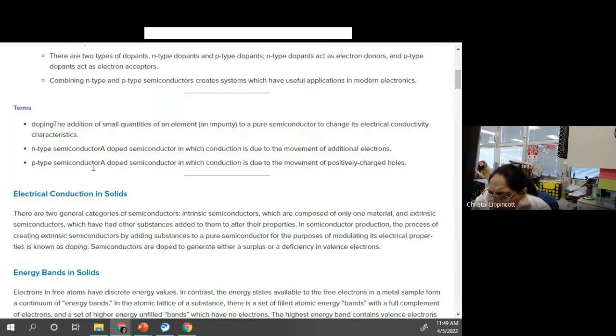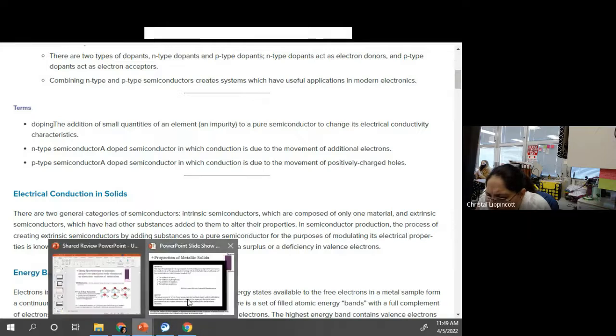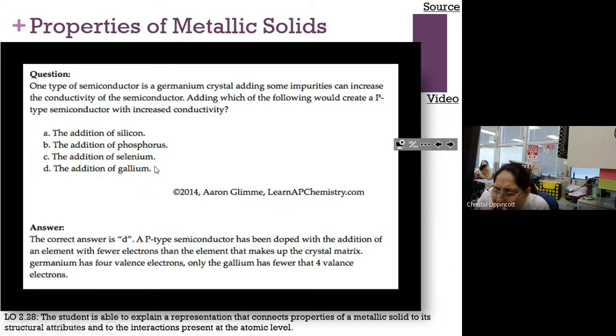Okay, so P doping is a semiconductor in which conduction is due to the movement of positively charged holes. N doping is due to the movement of extra electrons. So you need a positively charged molecule. Well, I searched it up and it said to make a P-type you need an element that has 3 valence electrons. And N-type would be like 5. Okay. So it has to have fewer electrons than germanium.